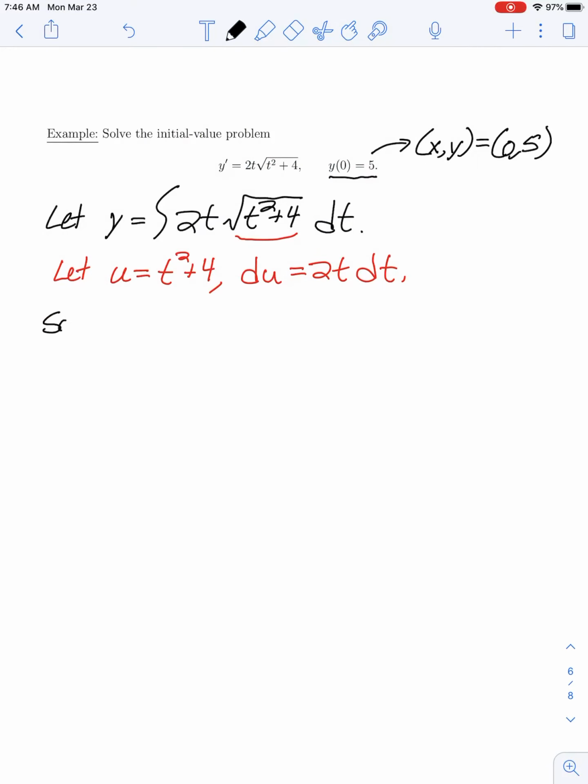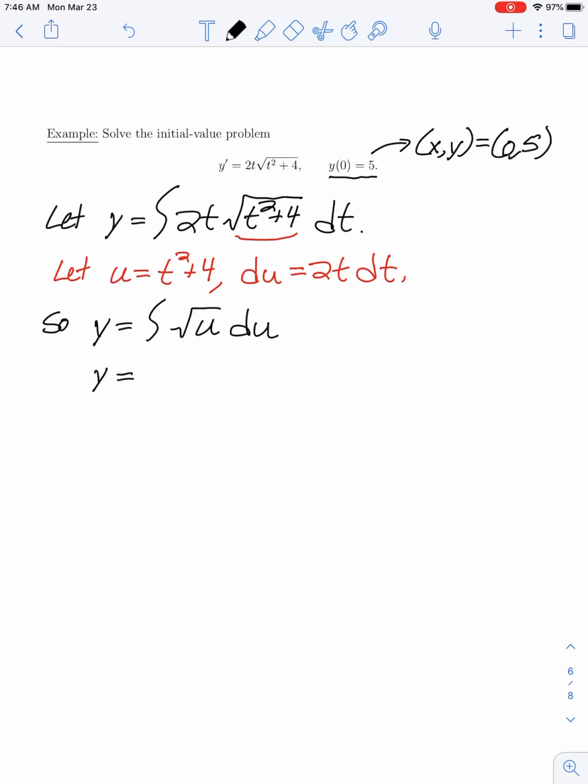So now rewriting our integral in terms of u, we have y is the integral of the square root of u, and then our 2t times dt is exactly equal to du. So we're just left with the square root of u times du.